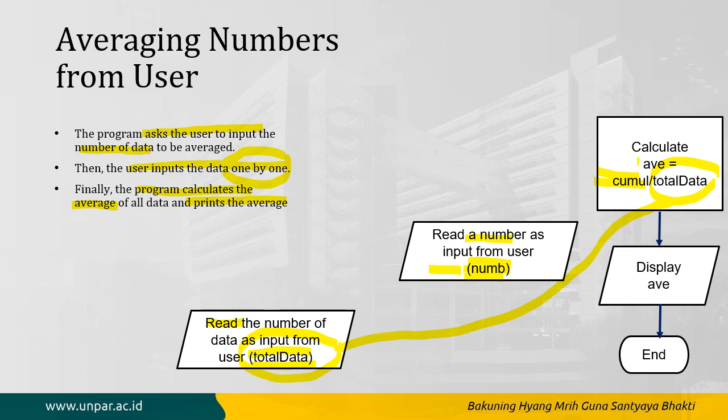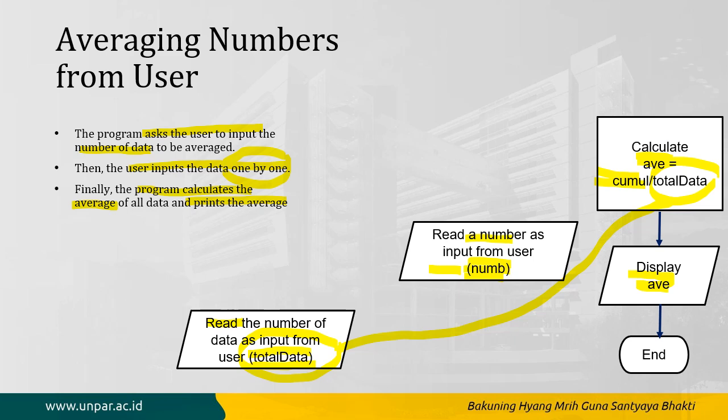We store the result in the variable AVE, the average. So AVE equals cumulative divided by total data. Then we display or print the value of the AVE variable. That's pretty much what we're going to do based on the problem.